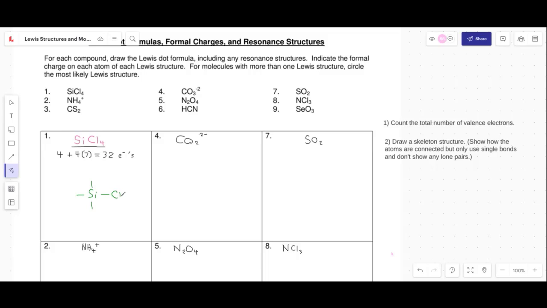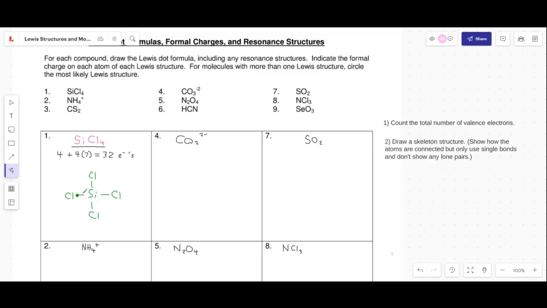Now there are different ways of representing bonds in Lewis structures, but the most common and indeed I think the clearest is to draw a bond as a line. Now you have to understand that this short line connecting silicon and chlorine is a shared pair of electrons.